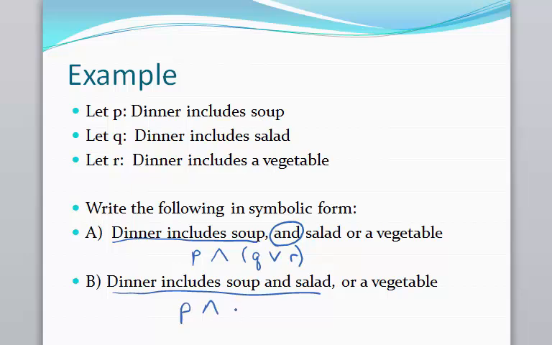And then we're going to do salad, which is Q. And then we have a choice between this, and this is one entire choice because we can choose soup and salad, or we'll use the symbol for or, we can choose a vegetable. And so our answer would look like, in parentheses, P and Q, or R.